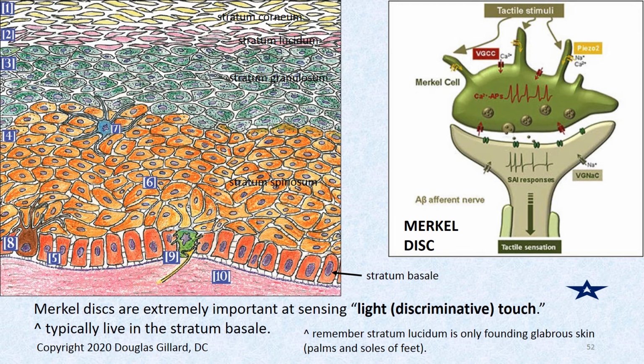The skin has 4 main layers. If it's glabrous skin, like on your palms or on the soles of your feet, you have 5 layers. The rest of your hirsute skin, your hairy skin, has 4 layers. The main layers are the stratum corneum, or the horny layer, the stratum granulosum, the stratum spinosum, and then down here, we have a single layer of cells called the stratum basale, made of basal cells, spiny cells, granular cells, and horny cells, or corneocytes.